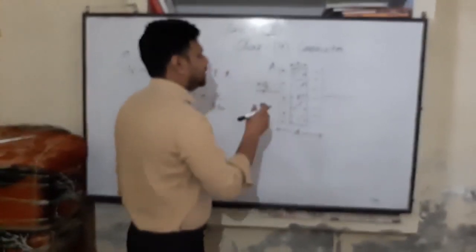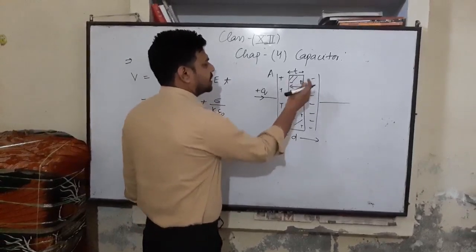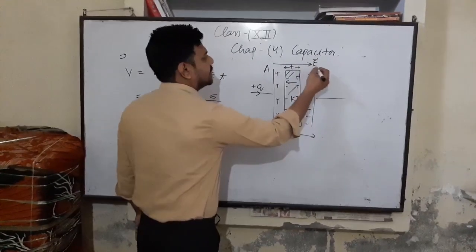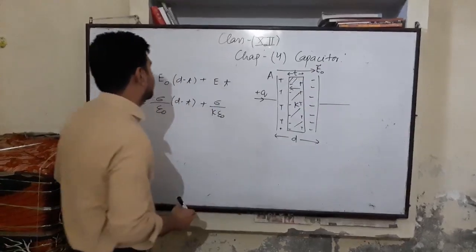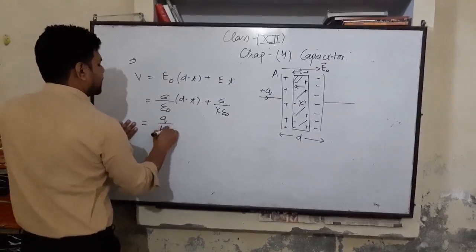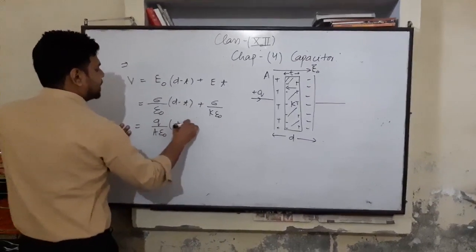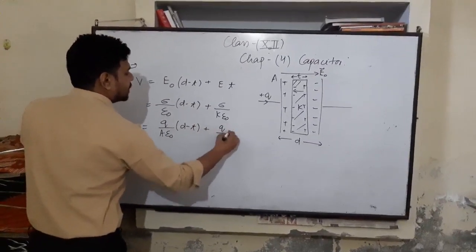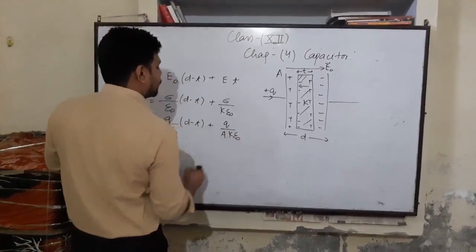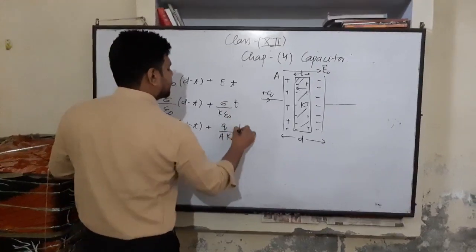So the electric field inside the dielectric is in this condition and between the plates in this condition. So this is Q over A epsilon naught times D minus T, plus Q over A K epsilon naught times T.